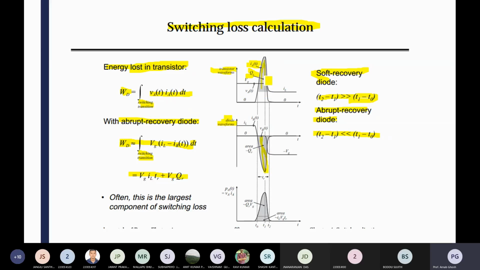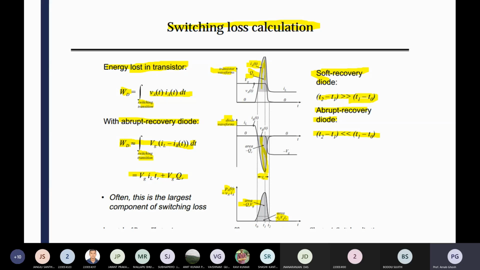It is positive, so when you multiply both you get a relatively positive and negative area, and that area is equivalent to IL VG TR. So that area is QR into VG. TR is some amount of time required from this position to that width.